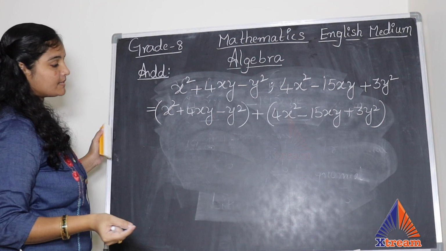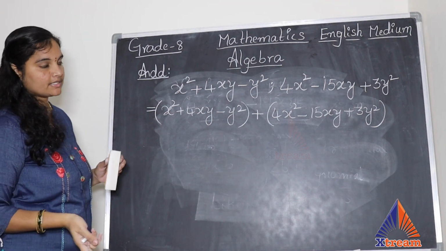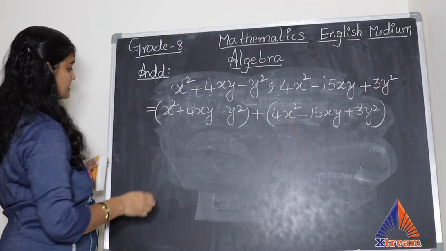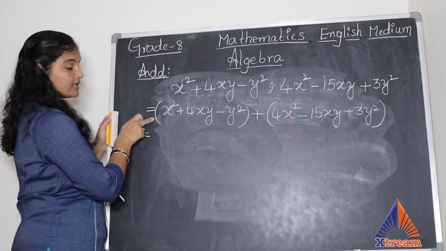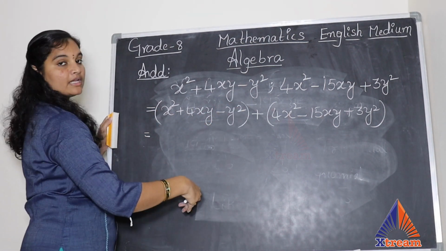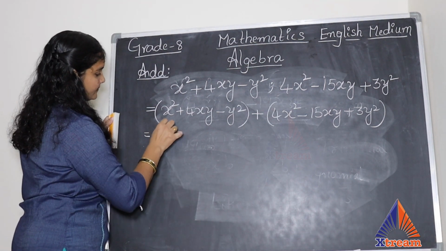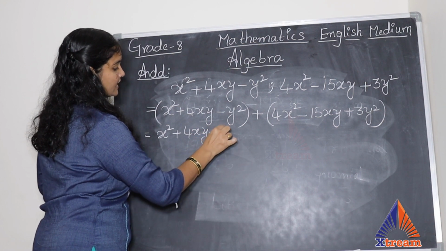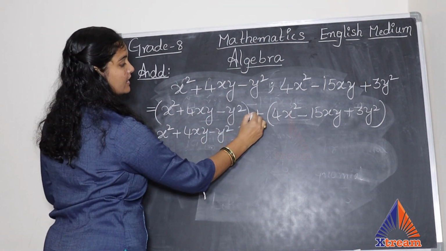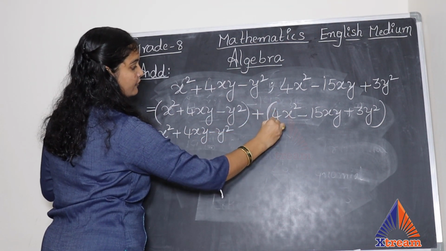Now the second step is bringing them out of the brackets, or we can say eliminating the brackets. So this expression doesn't have any other sign before it, so we can directly bring it out of the brackets: x square plus 4xy minus y square. Now here we have plus followed by a bracket.